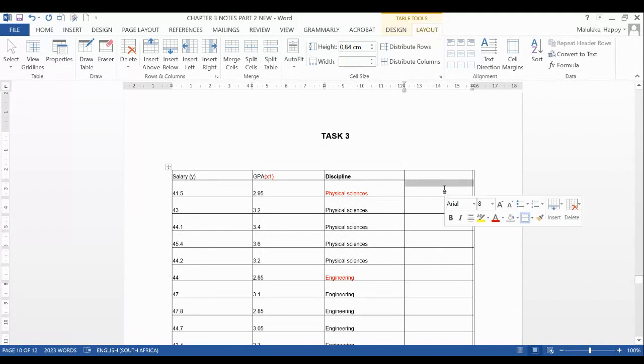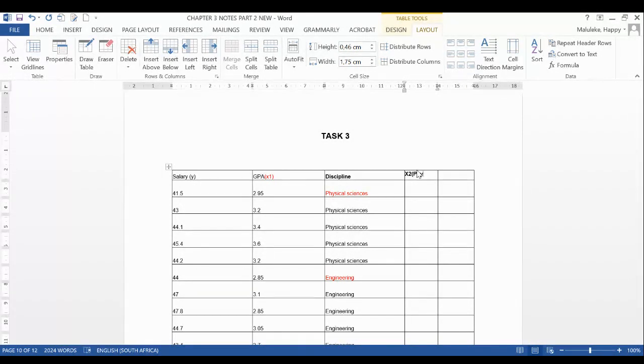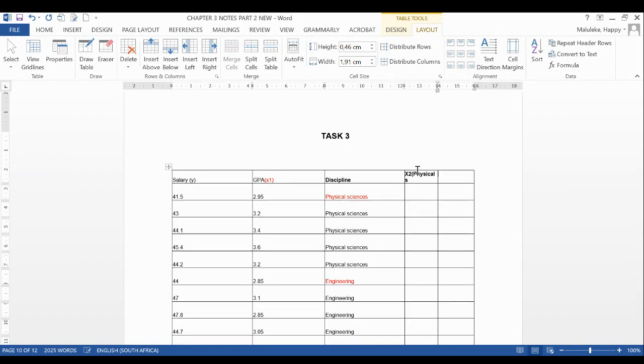So it's your time, guys. I want to check if you understood. So it means our x2 will go with physical science, and x3 will go with engineering.